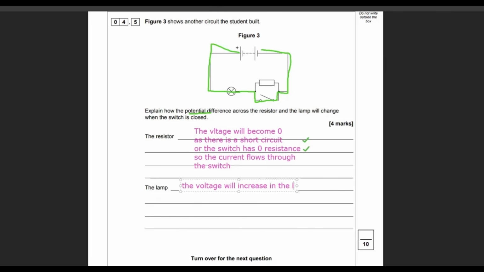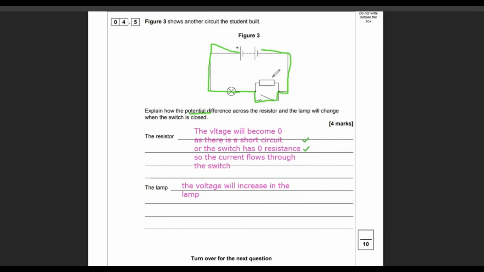Now, if you know your rules of circuits, you'll know why. In a series circuit, and essentially this is now a series circuit, the voltage gets shared between the components. Unlike the current, which is the same everywhere, the voltage adds up to the total.